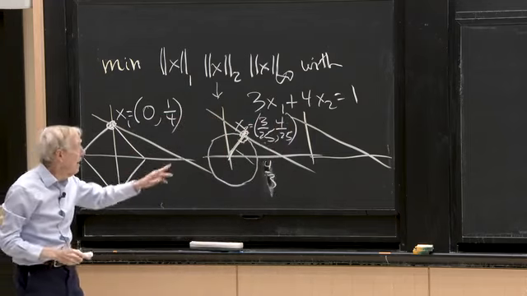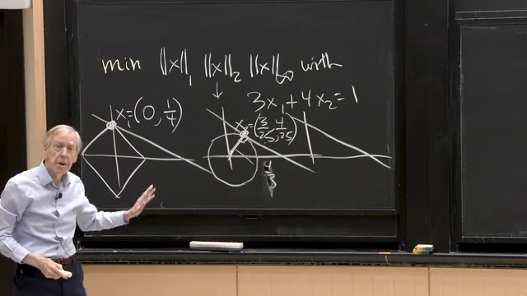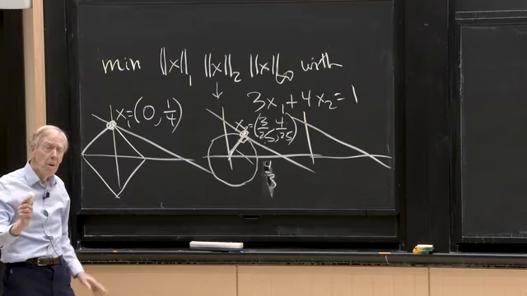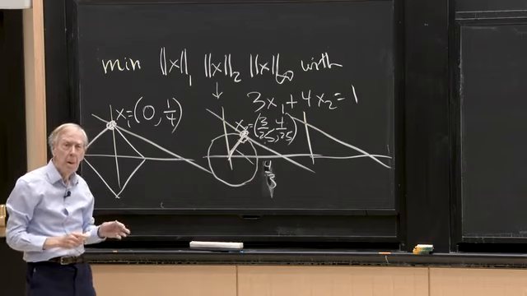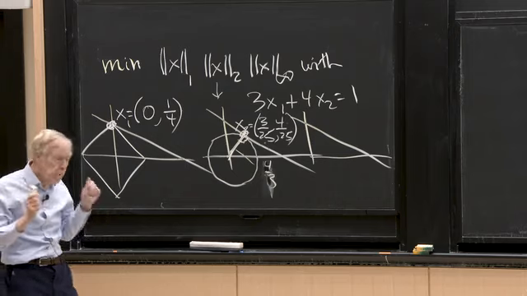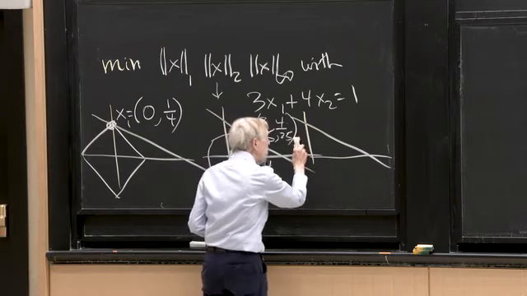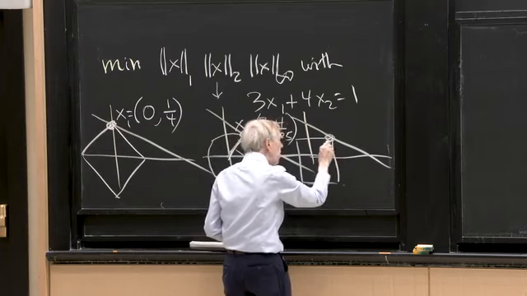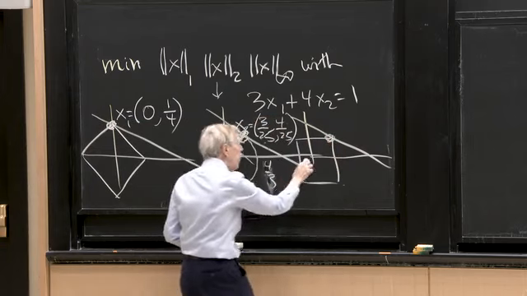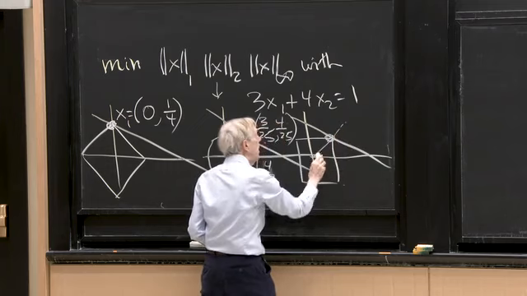And finally, what about L infinity? What was the picture there? What's the unit ball look like in 2D for the max norm? It's a square, right. So the square will hit there. This is a 45-degree line now.